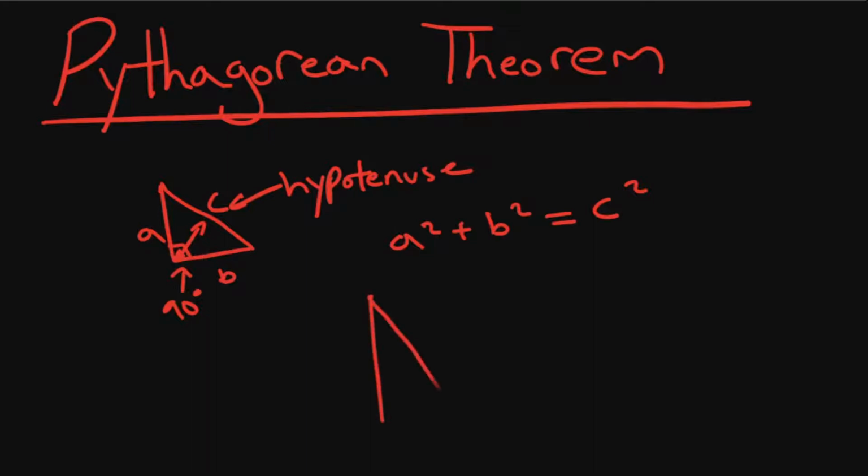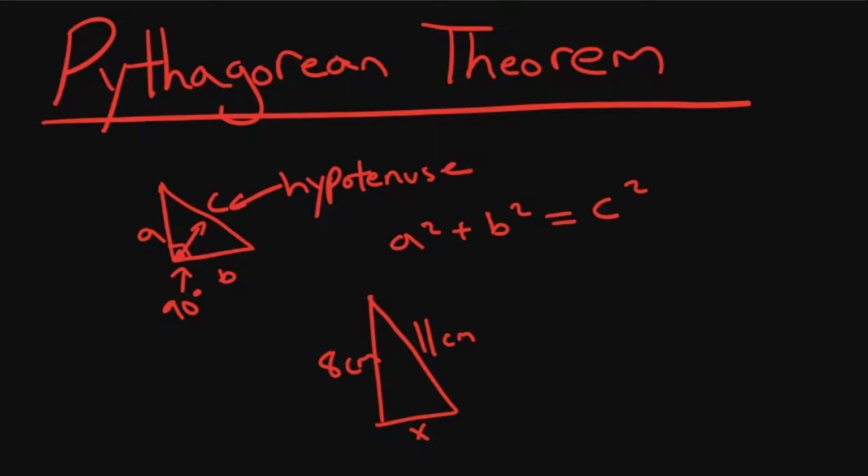sailboat that has a flag that has a triangle flag on it. And let's say we want to find out the area on this.